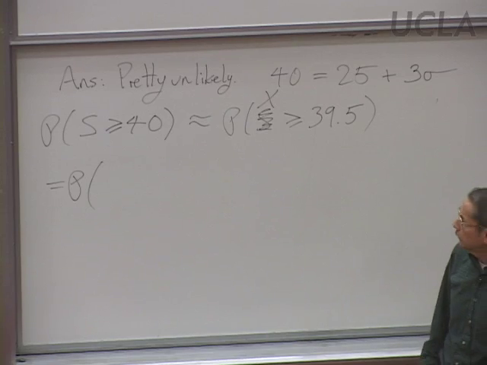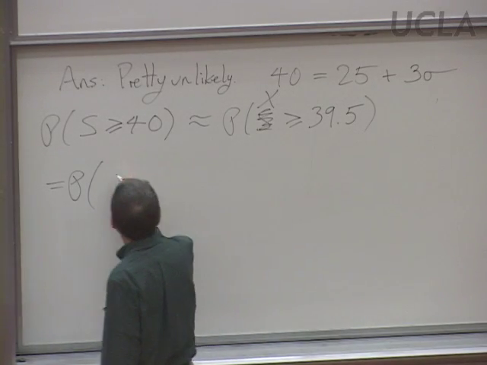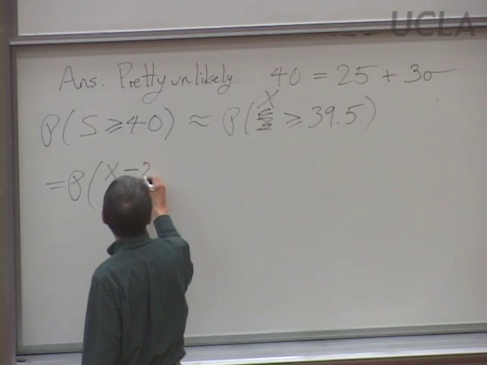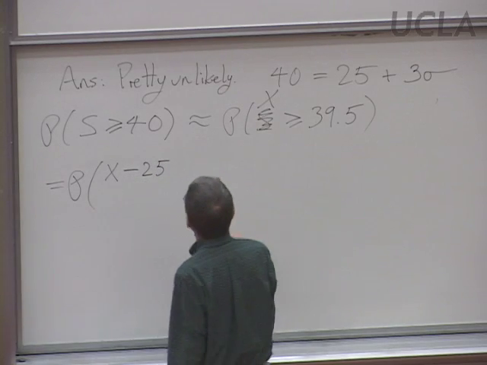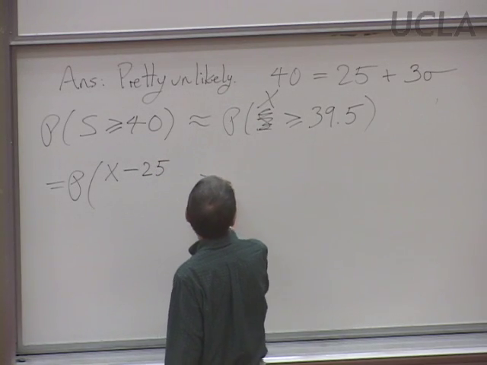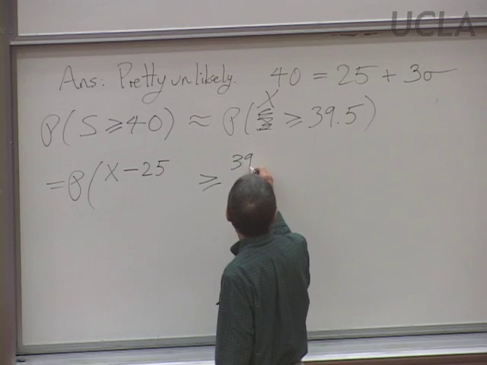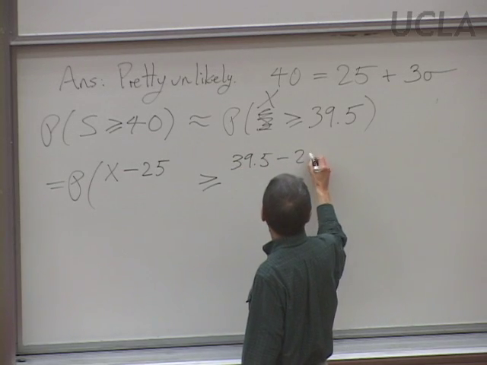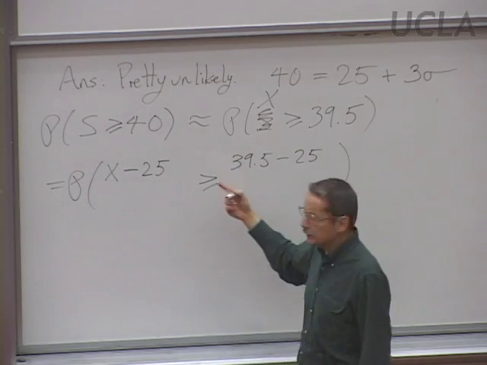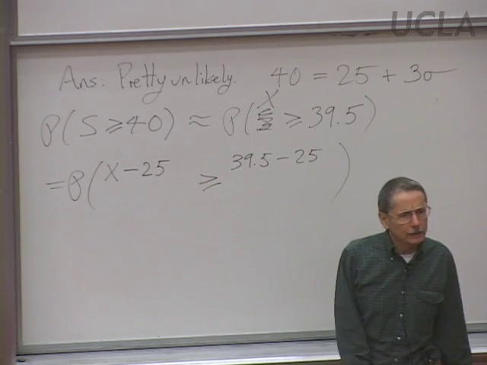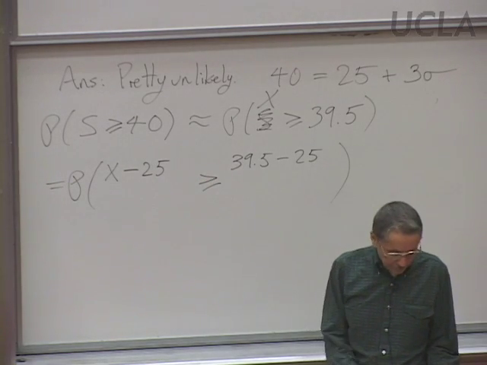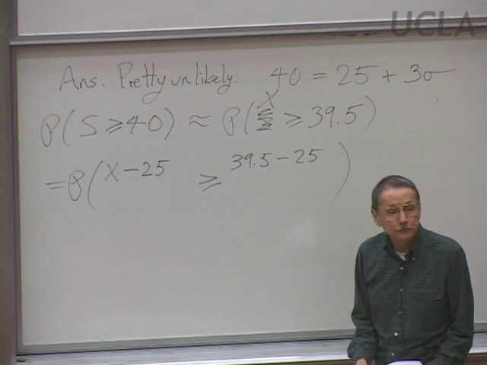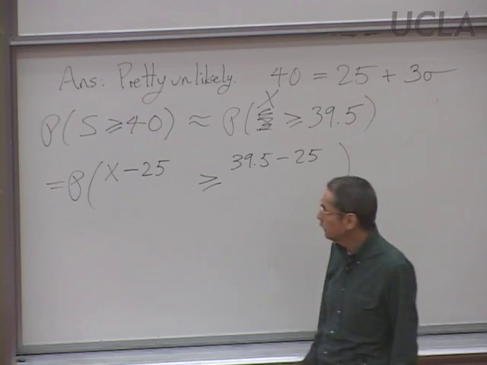And so we want to standardize. We'll subtract the mean from both sides, so we have an equivalent inequality. We divide by the standard deviation, which is just a little bit less than 5.